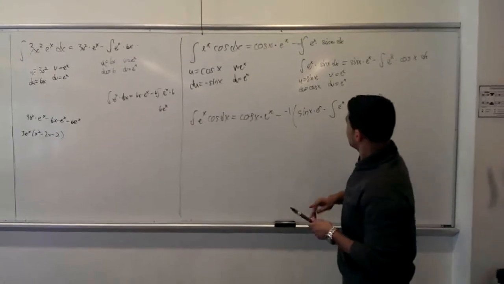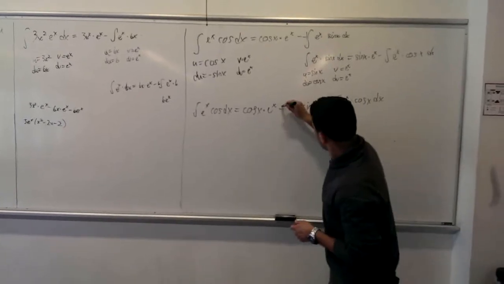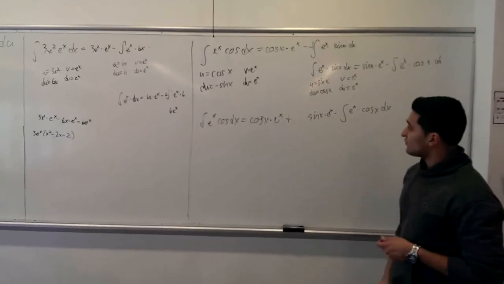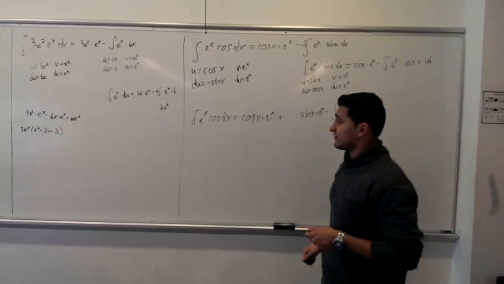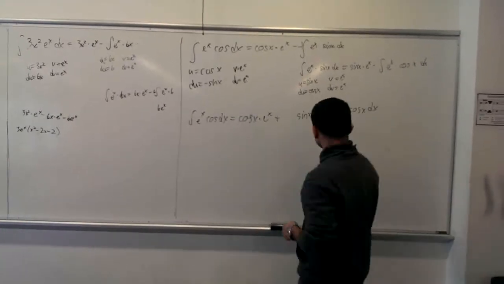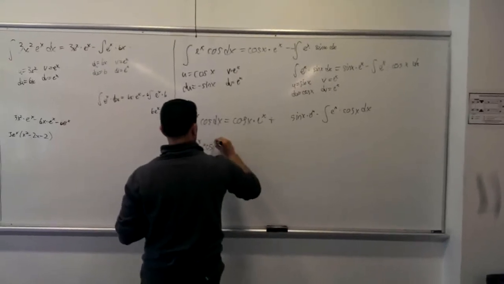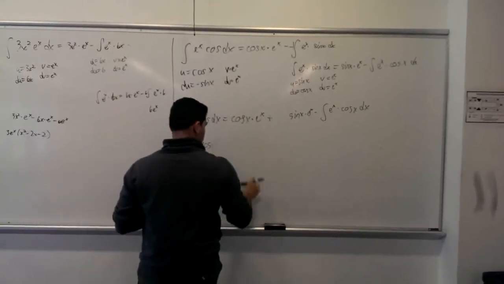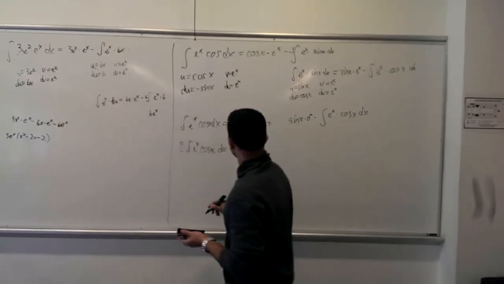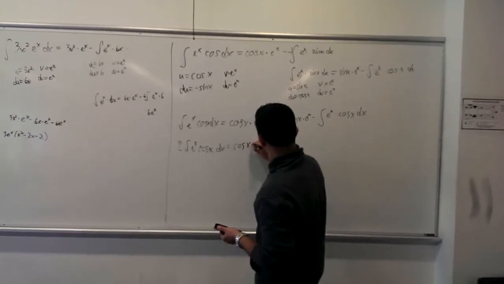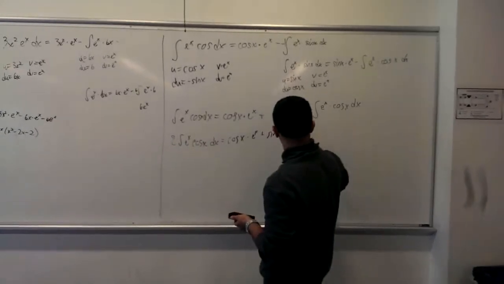So let's get rid of these parentheses. This just becomes adding. You can break this down a bit more. You have an integral on both sides, and they're the same, so you just add this to that. You're going to get 2 times the integral of e^x cosine of x dx is equal to cosine of x times e to the x plus sine of x times e to the x.